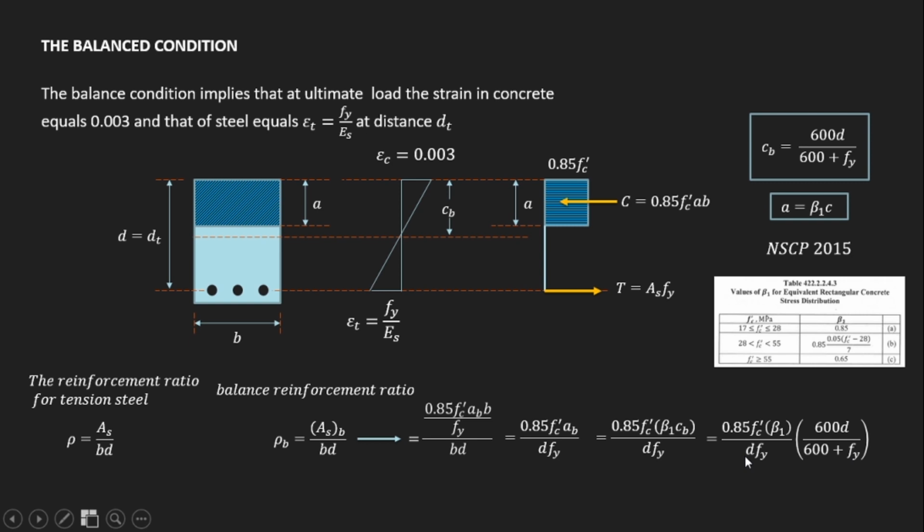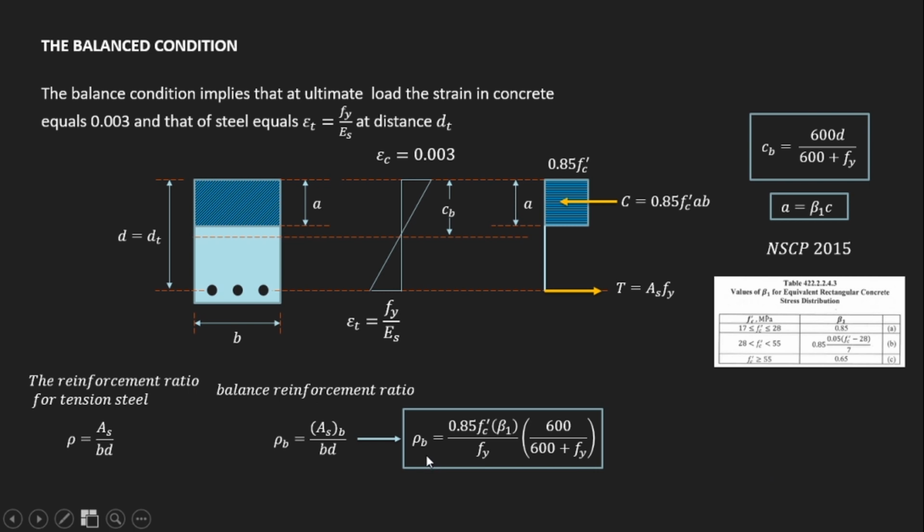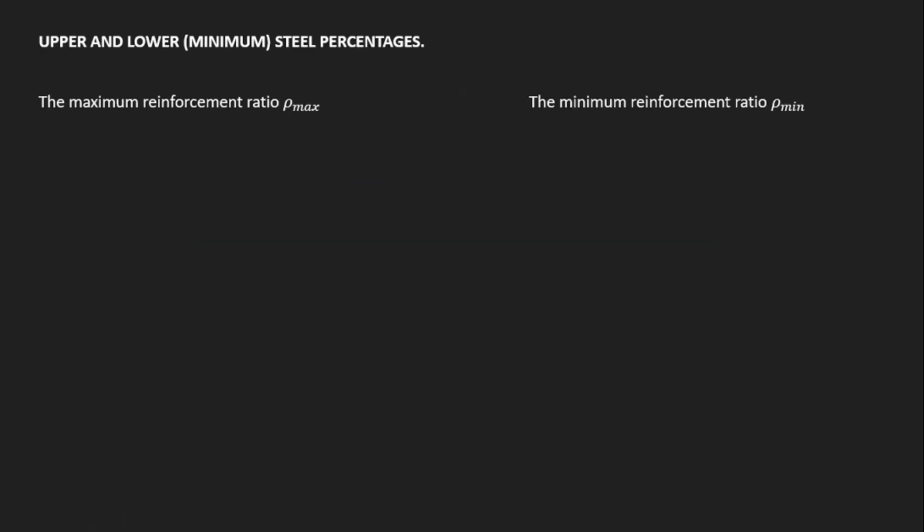And magkakancel din yung value of d kasi meron tayong numerator and denominator. So, ito yung value niya. And finally, this is another formula na kailangan natin isaulo. For rho balance, that is also equal to 0.85 f'c beta 1 times 600 all over fy times (600 plus fy).